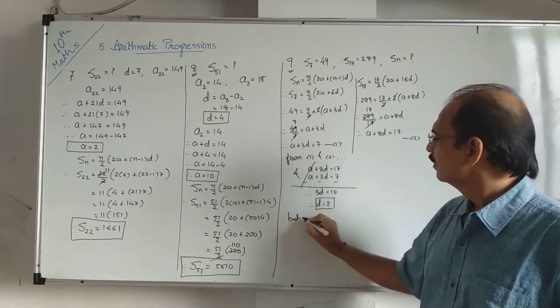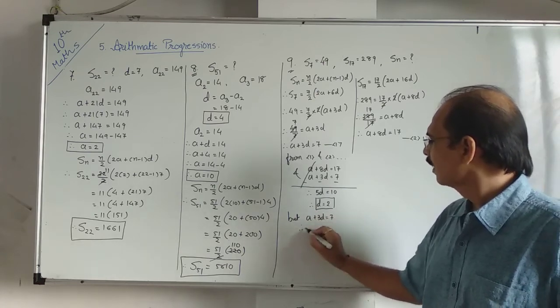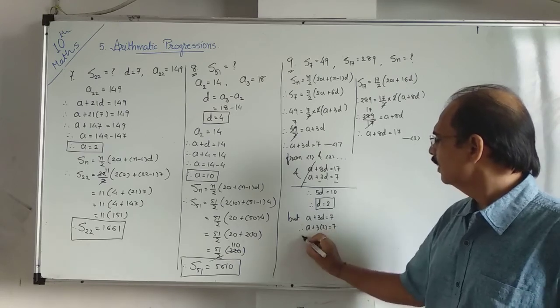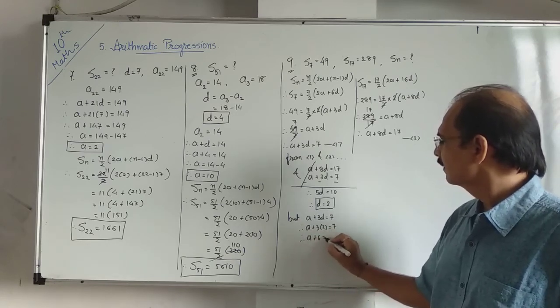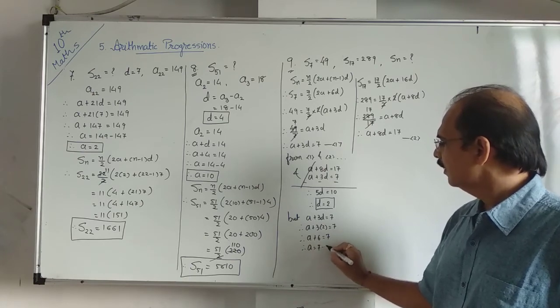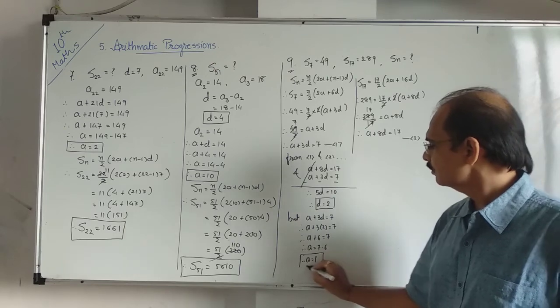But we have a plus 3d equals 7. a plus 3 times 2 is 6. Move 6 to the other side, minus 6: 7 minus 6, so a equals 1.